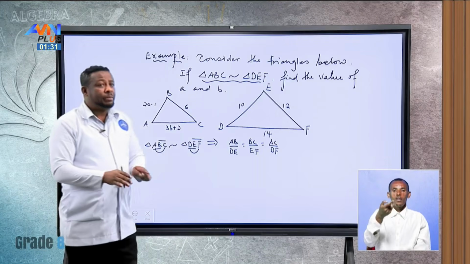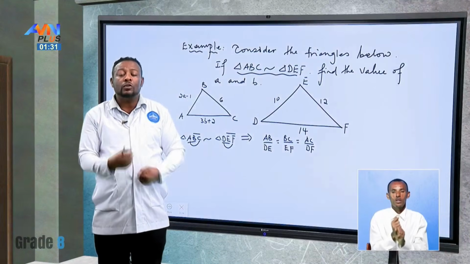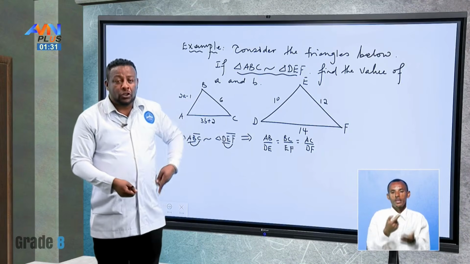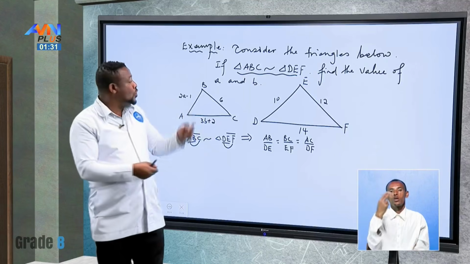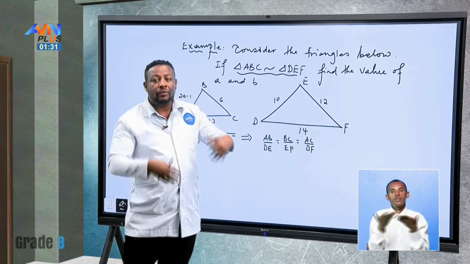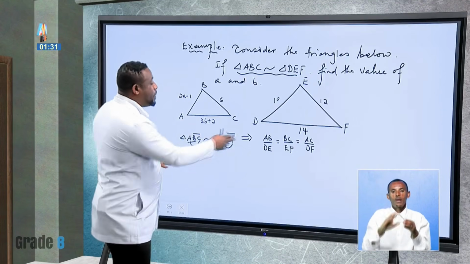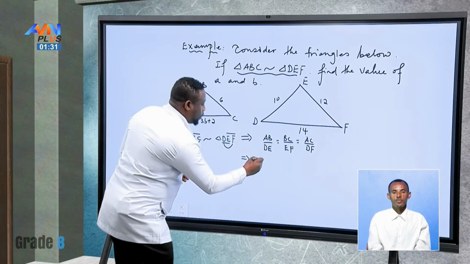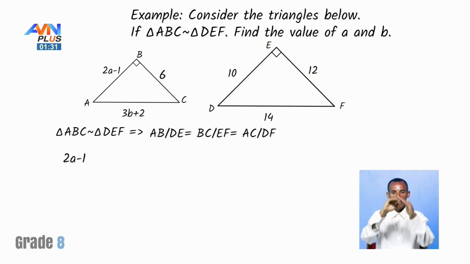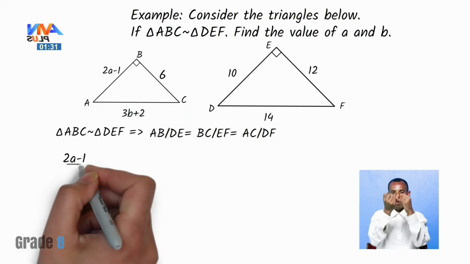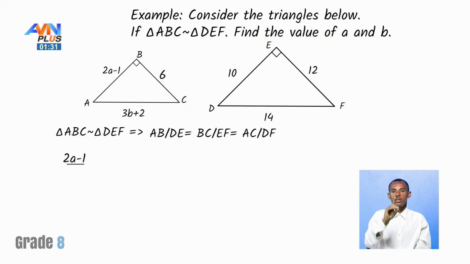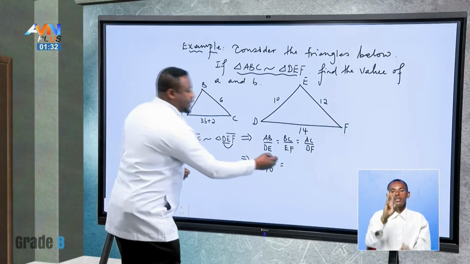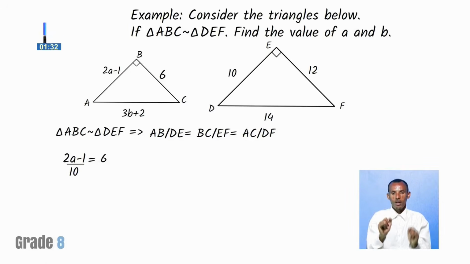This is the first step that you need to follow to find the unknown variables. So in this proportion, we will substitute all the values of the given sides. AB is 2A - 1 over DE, which is 10; BC is 6, and EF is 12.